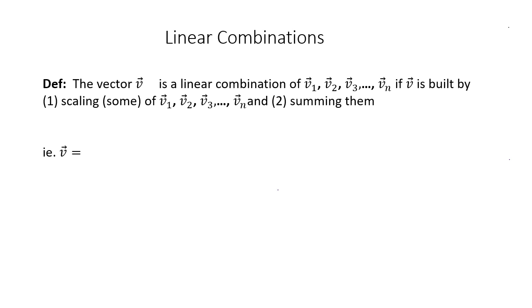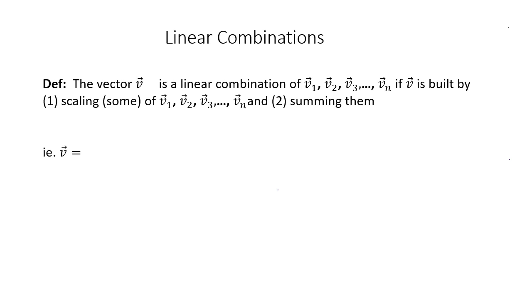All right, let's review the definition of a linear combination. We say a vector v is a linear combination of v1 through vn if we've built v by scaling vectors in this set and then summing those scaled versions.